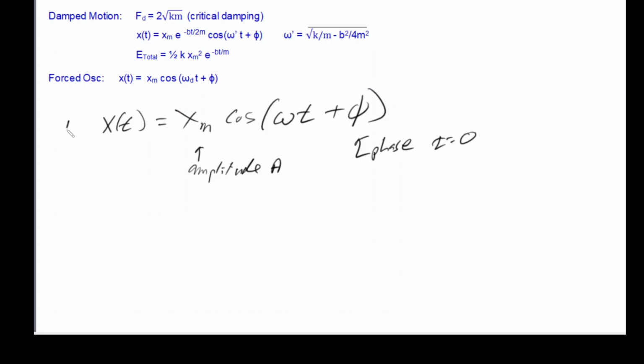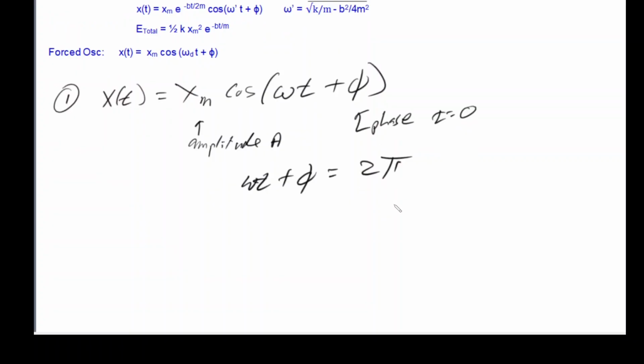So this equation, we'll call equation 1, oscillates and repeats itself every 2 pi radians, which is one cycle. So when omega t plus phi is equal to 2 pi, we get a repetition of the cycle.